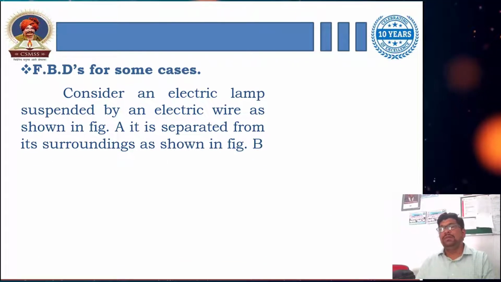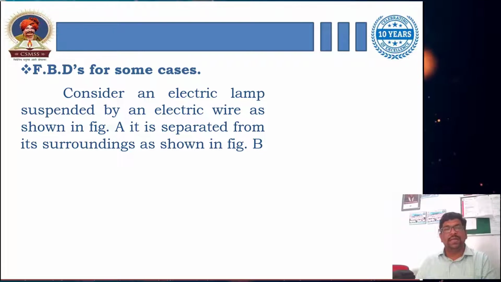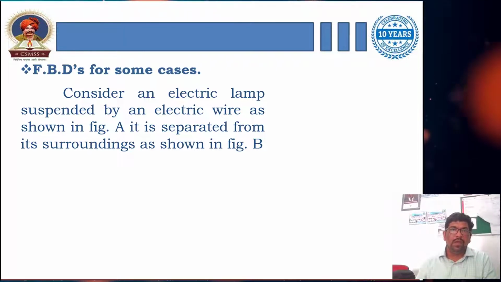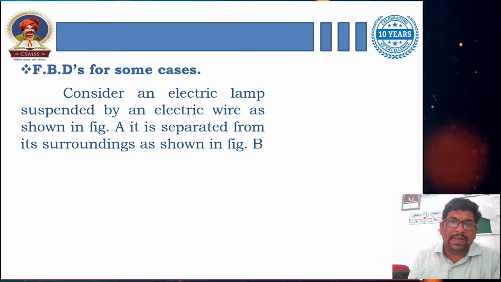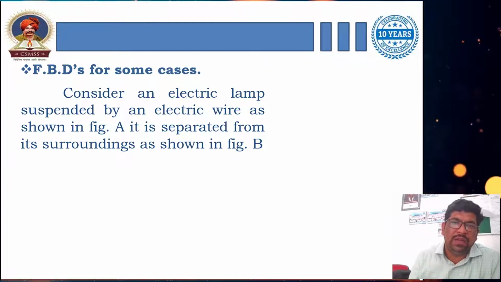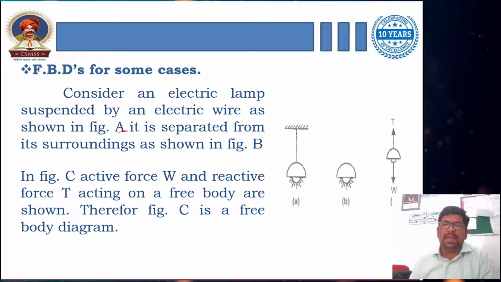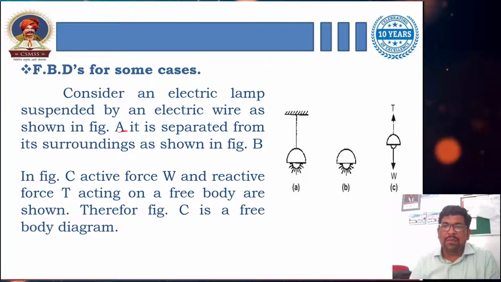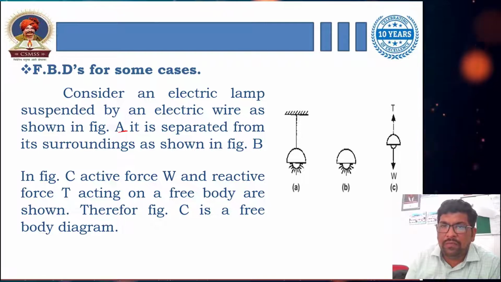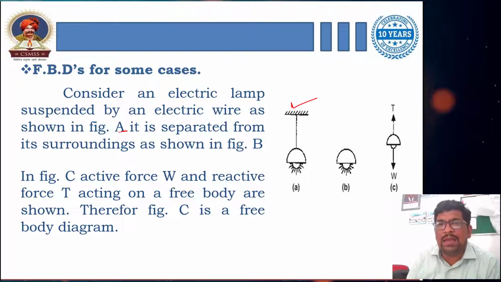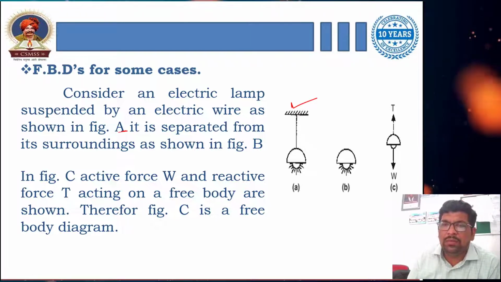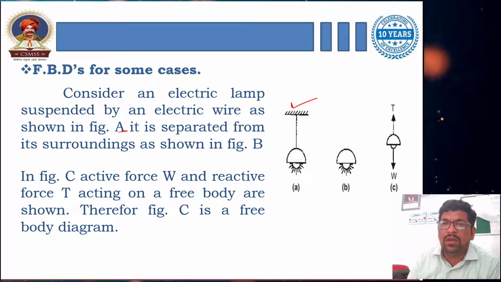We are going to see the free body diagrams of some cases. Just consider an electric lamp which is connected by an electric wire as shown in figure A. It is separated from its surroundings as shown in figure B. We have a lamp connected with a wire to a ceiling.